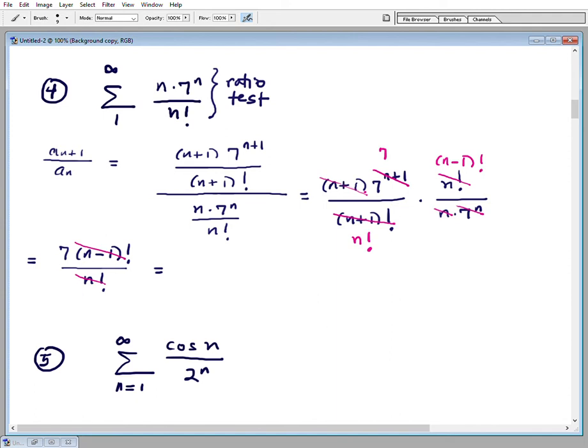So we're just left with the n, the first factor here. So finally we get 7 over n, which goes to 0. So that's our r, and we have r is less than 1. So that implies we do have convergence.